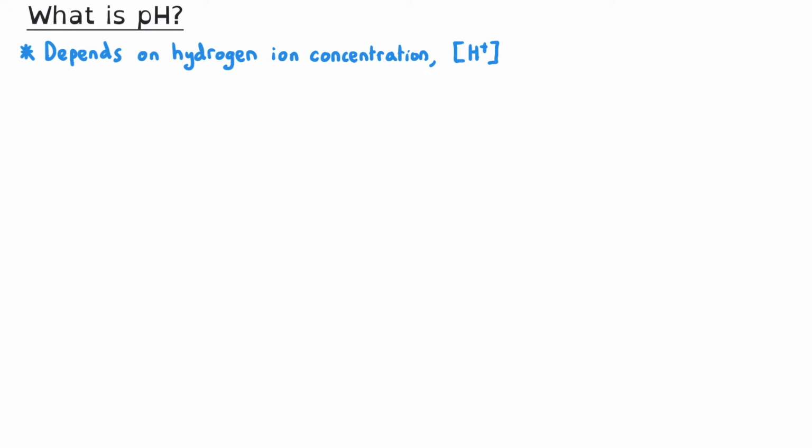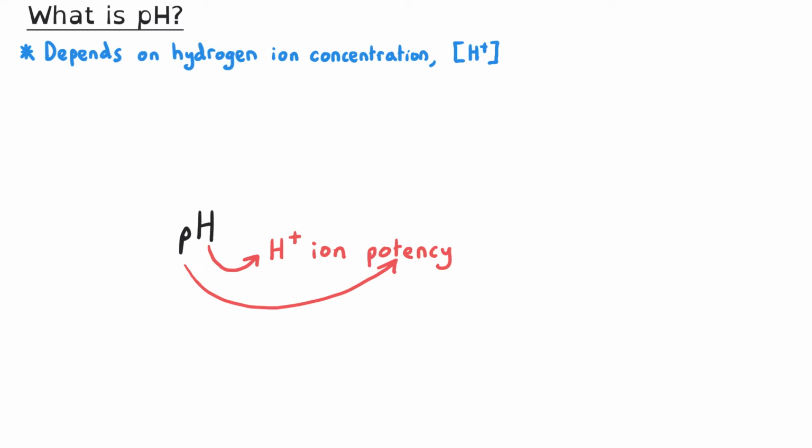It's a really common question in A-level chemistry to calculate the pH of a particular solution. So what actually is pH? Well, the pH of a solution depends on the hydrogen ion concentration of that solution. The symbology pH actually means hydrogen ion potency. Now, you will remember, hopefully, that the lower the pH of a solution, that tells us that the acid is stronger.